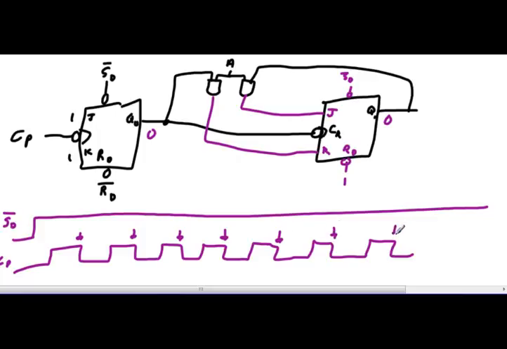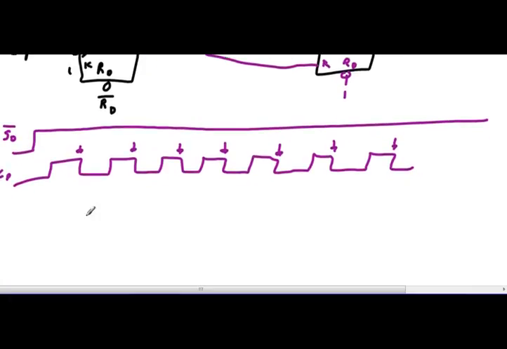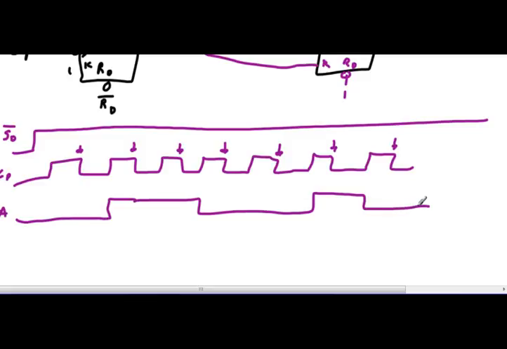And then I've got the A guy. Okay, so the A guy is going to start low, and then about there it's going to go high, and then at the 3 it's going to go low, and then it's going to go up in the 6 guy, and you're going to go down in 7 and stay low there. Okay, so that's what I got.